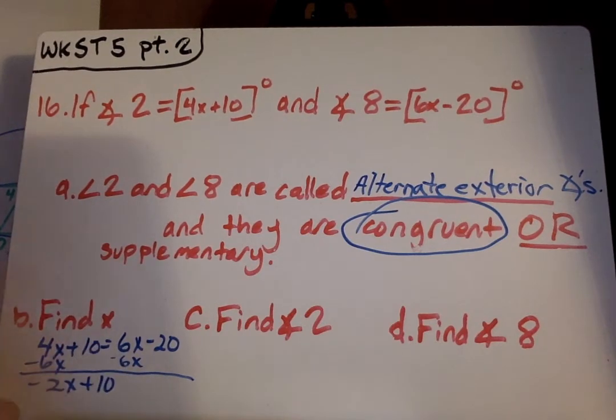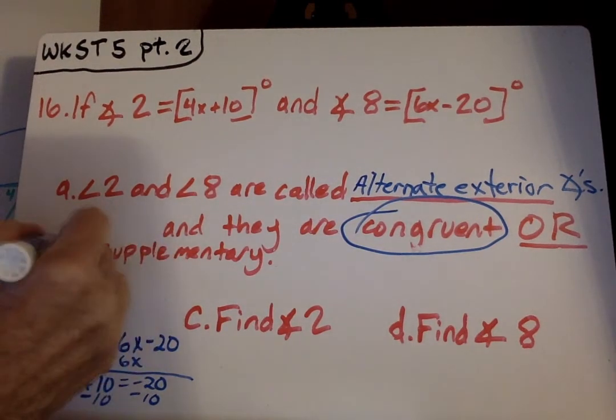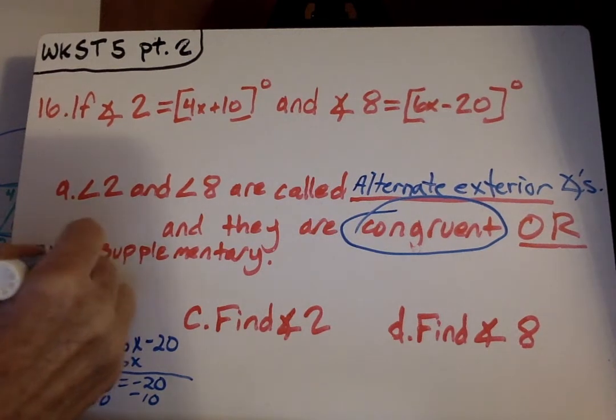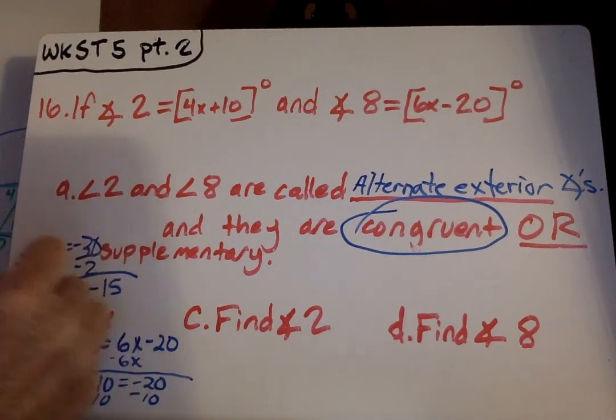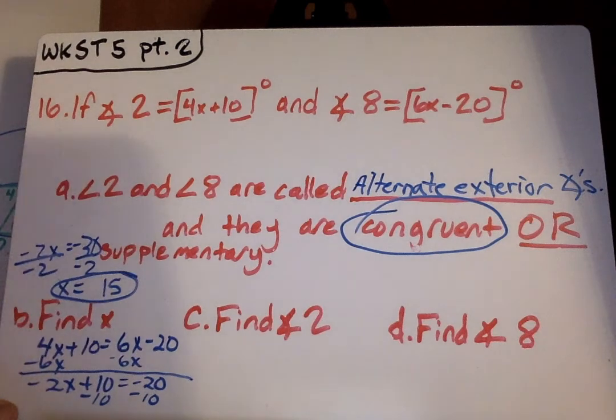Can you guys see that okay? Equals negative 20. And I minus 10. So now negative 2x equals negative 30. Divide by negative 2. x equals negative 15. Oh, nope, that's positive 15, my bad. Watch your signs there. So x is 15.